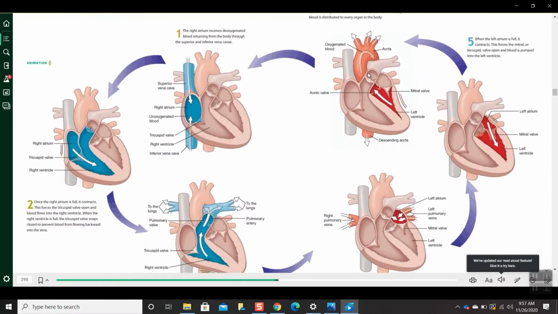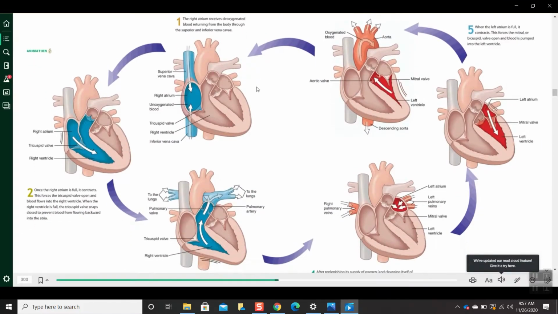So this is on page 300. It shows the blood coming in to the right atrium, which is this section right here. It's blue because it doesn't have any oxygen in it yet. It's going from the right atrium through the tricuspid valve, sorry, I didn't mean to make it plural, tricuspid valve, to the right ventricle.